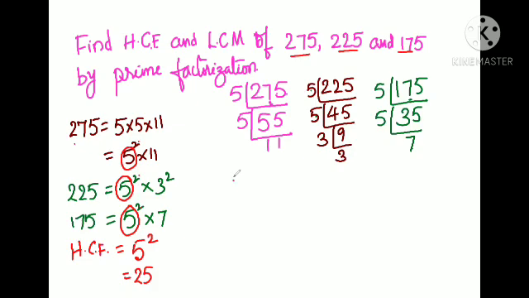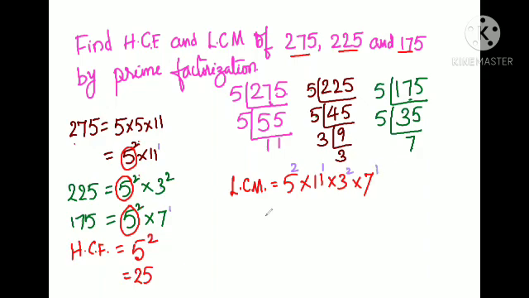And then for the LCM, you have to take all the factors. Here 5, 11, 3 and 7. But you have to select the highest power. 5 power 2, 2 is the highest. 11, 11 power 1, and 3 power 2, and 7 power 1.